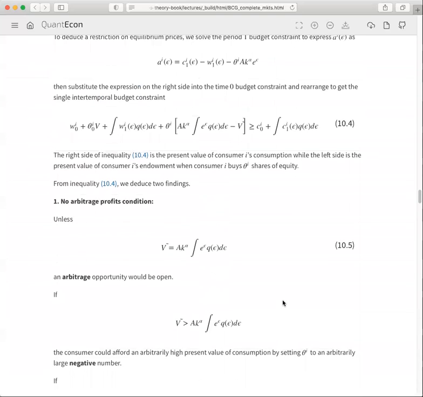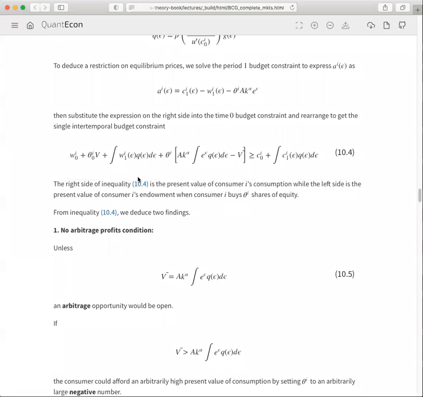So in a sense, the way we set this up, there's redundant securities. This person could just buy more Arrow securities.